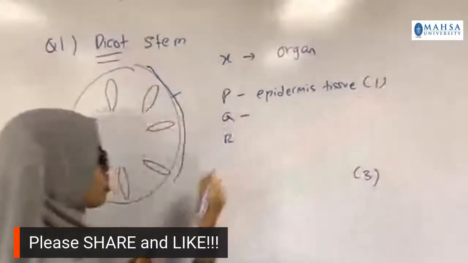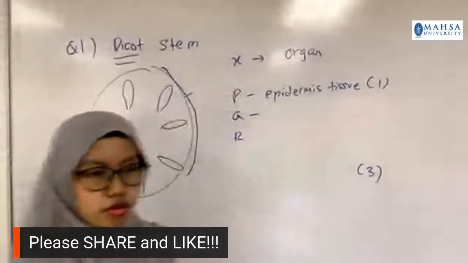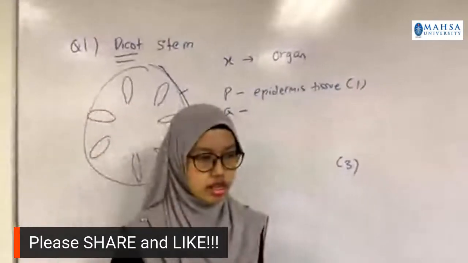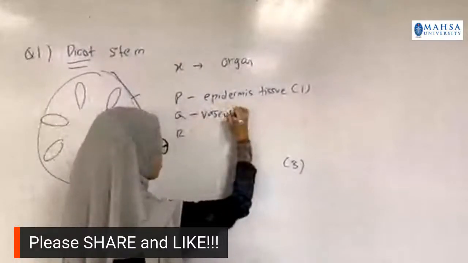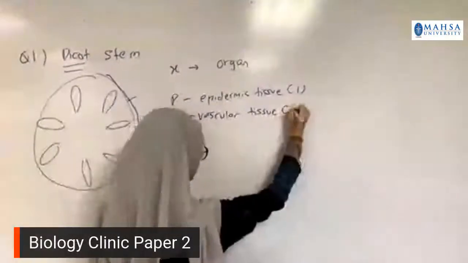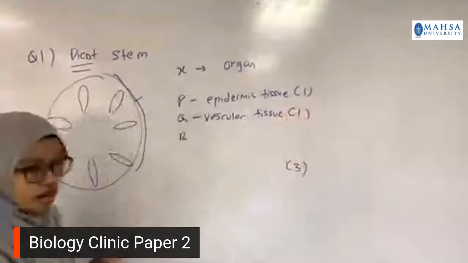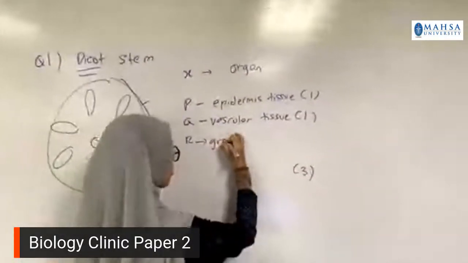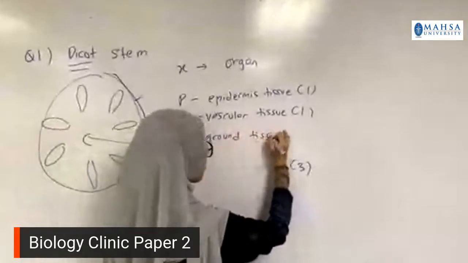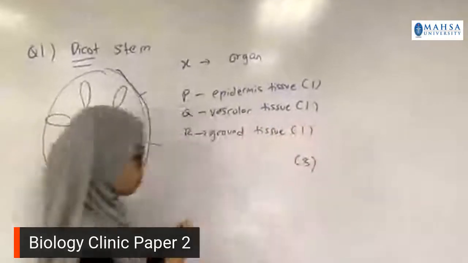The second one, Q, if I'm not mistaken, is the vascular bundle. This also carries 1 mark. And R is over here in the middle, so this one is ground tissue. This is how you can get the marks.